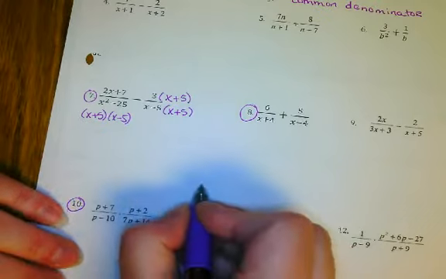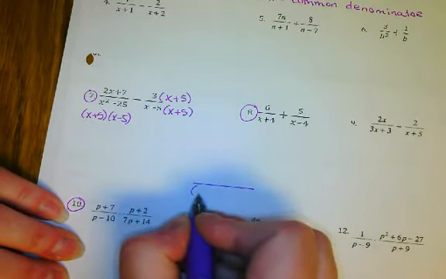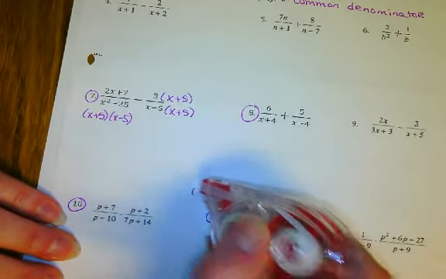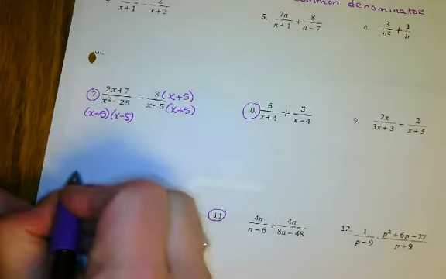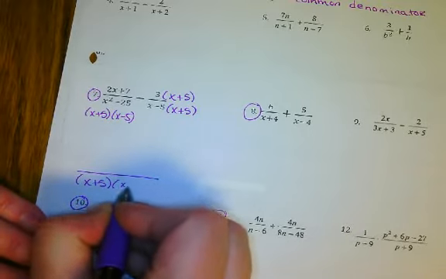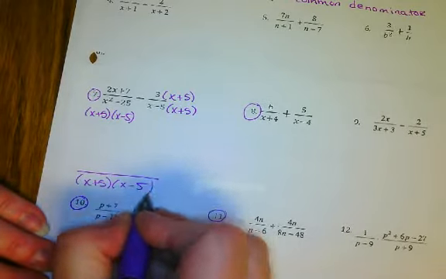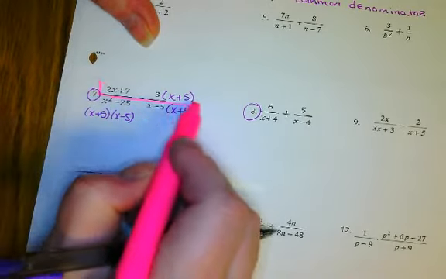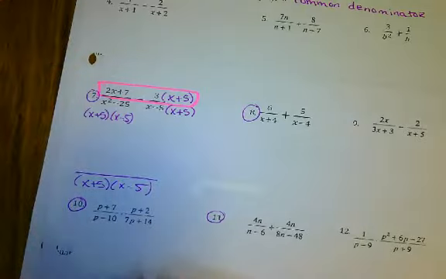Okay, so I'm going to write my common denominator down here. So that's going to be x plus 5, x minus 5. The only thing I'm going to do right now is focus on that numerator. So I'm focusing right there.